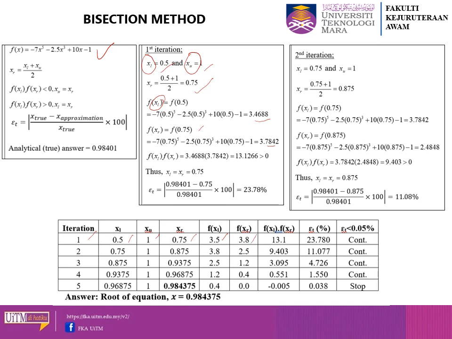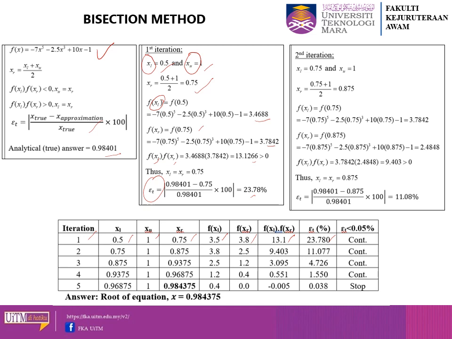Then we multiply the function of fxl and fxr, and we get 13.12. Next we need to calculate the true error percentage because we know the true or analytical answer. By having this formula of ET, we calculate to get the value 23.78.